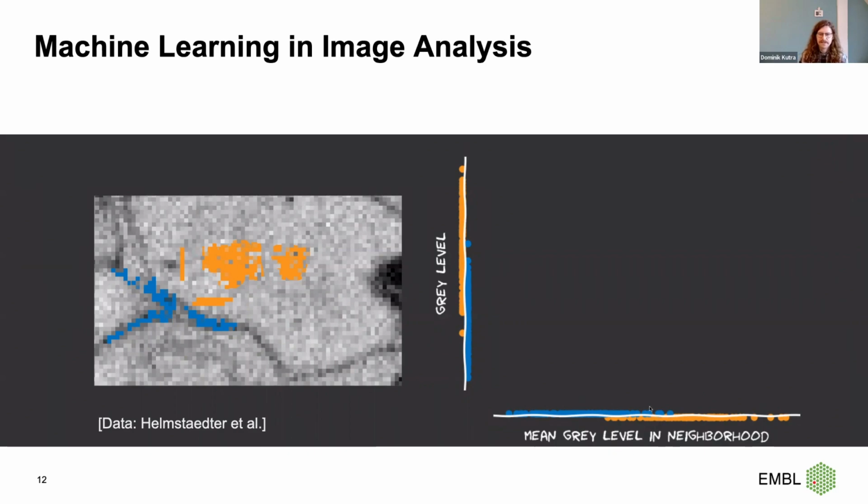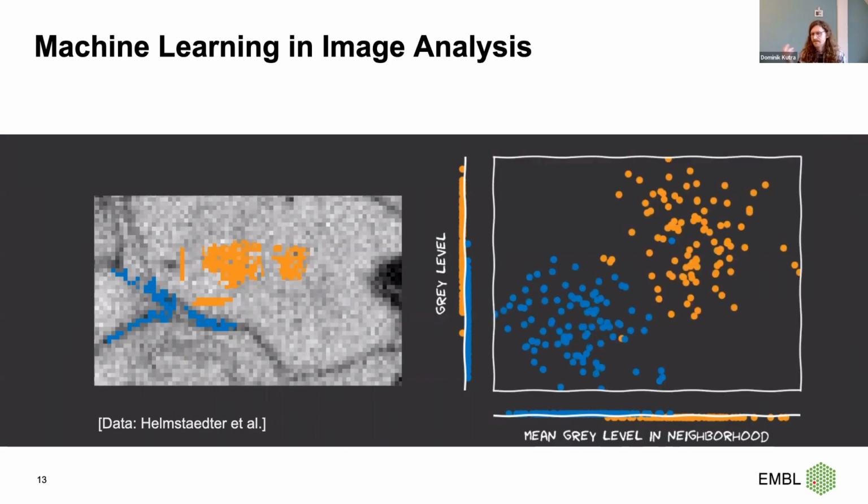But if you then interpret these two numbers as coordinates in a space, the feature space, you can see that, okay, maybe here these two classes look separable. And until now, we haven't even done any machine learning, right? We have only thought about features that we can use to characterize certain pixels. When the machine learning comes in, it takes this training data and computes some sort of separation between it in order to put it into the two respective classes.